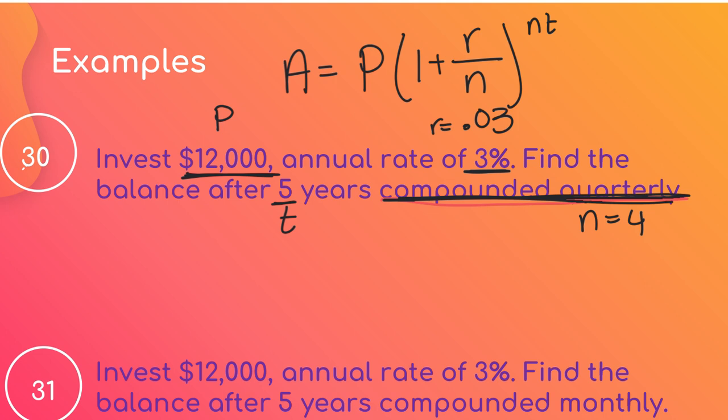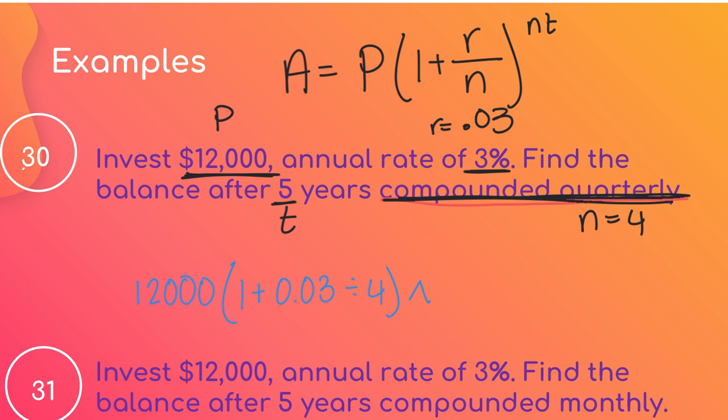It should be an open, no parentheses yet. It should just be the principal first, 12,000, open parentheses, 1 plus your rate, 0.03, divided by the amount of times compounded, which is 4, close the parentheses, to the power of, okay, it's going to be that up arrow, your time, which is 5 years.